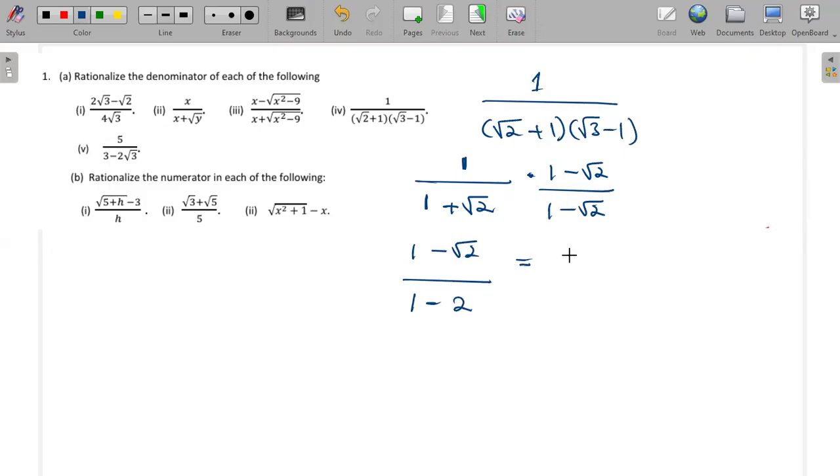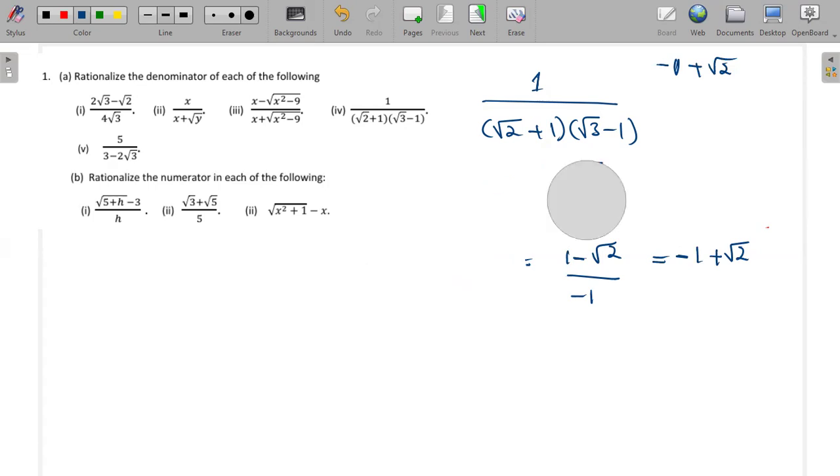Then you're going to have 1 minus root 2 over this here. You subtract 1 minus 2 gives us negative 1. Divide by the negative 1, and you have negative 1 plus root 2. So let's keep this. Okay, so we erase this part, and then we go to the next one.